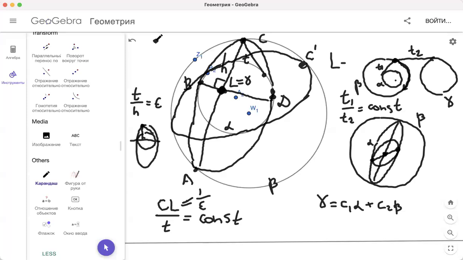For the second case, you obtain a situation where you will have complex tangency points. And in such a situation, you can use some algebraic form of this proof, some similar proof.